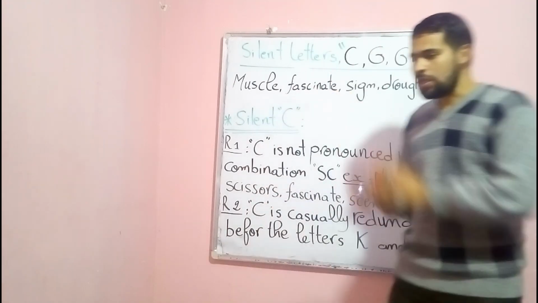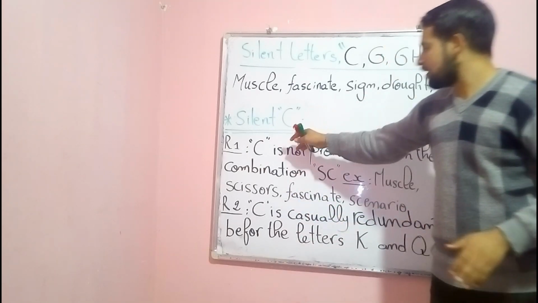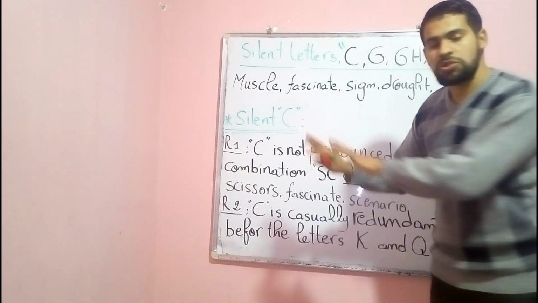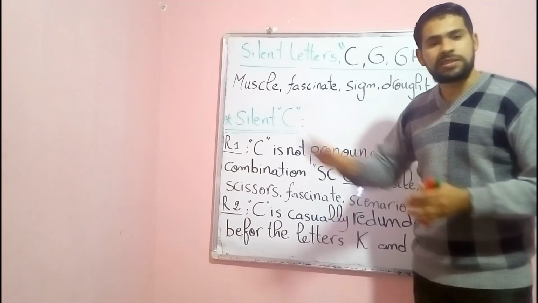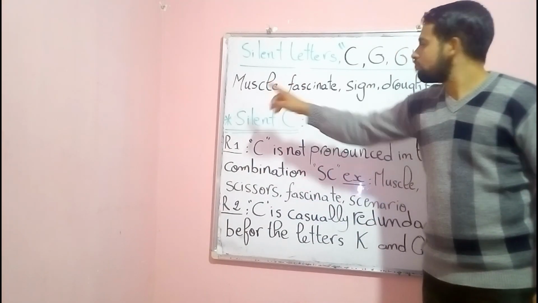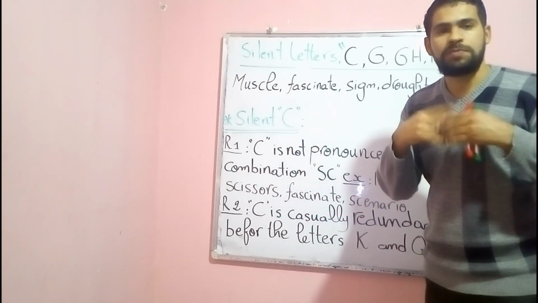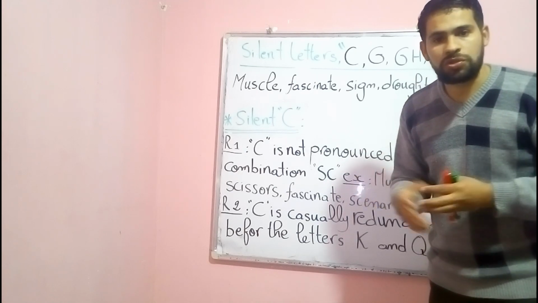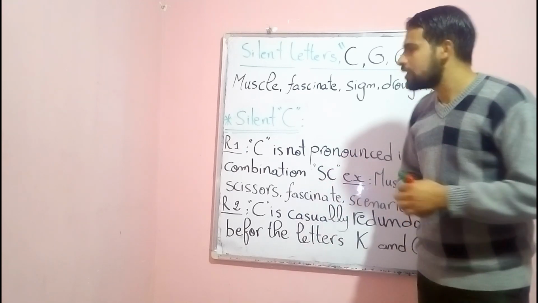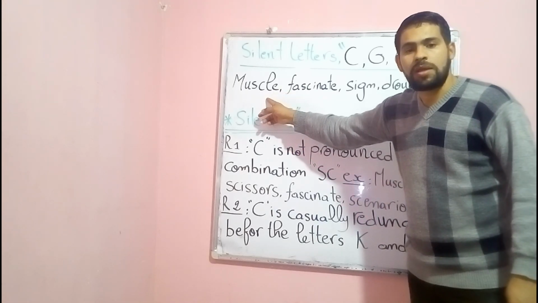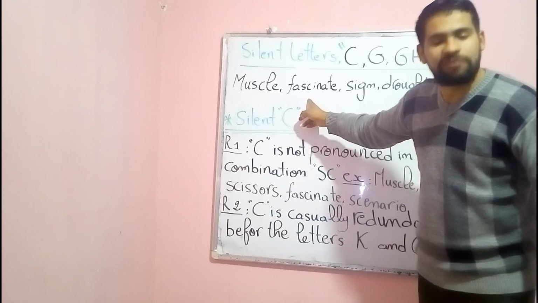Now, the first letter that we are going to see in today's lesson is C. But before we go to silent C, let's have a look at these words. Before I start pronouncing these words, I would like you to repeat after me. Okay? So, muscle, fascinate, fascinate.